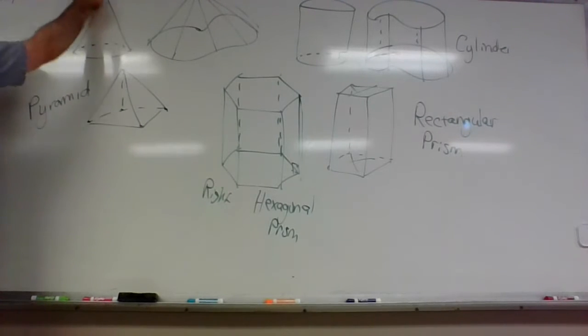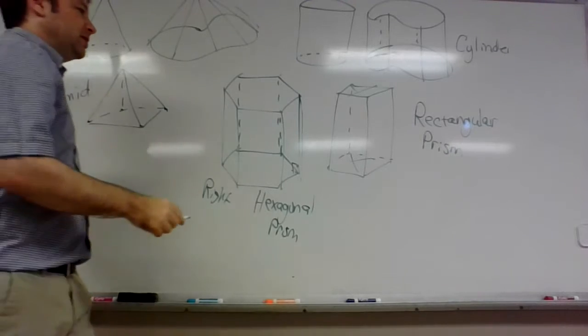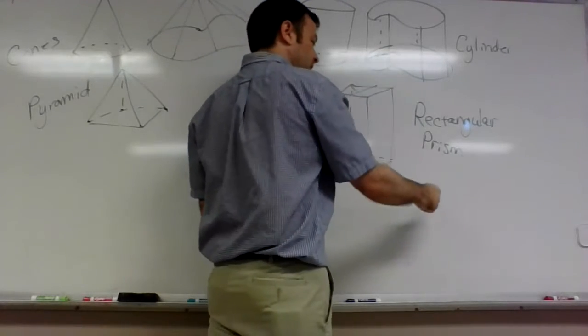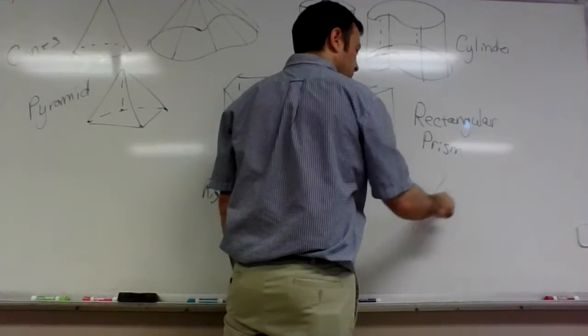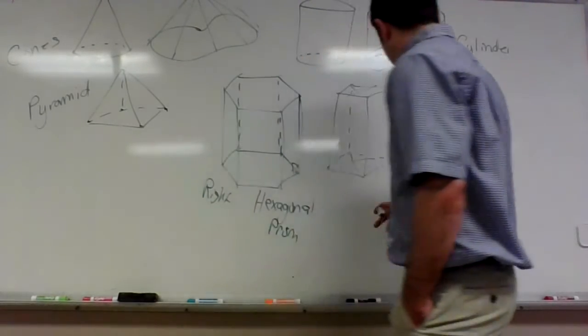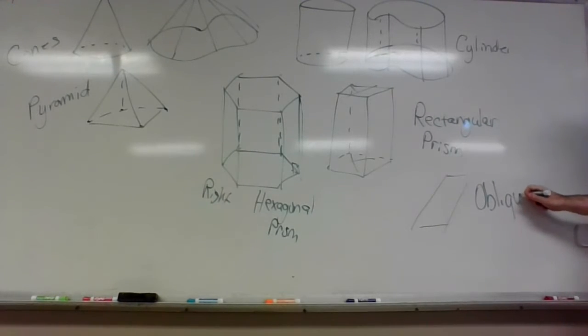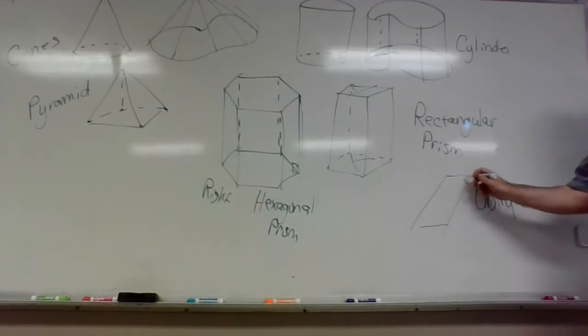They kind of go towards the middle, so these will not be right. But prisms and cylinders can also be leaning, like this. If it's leaning over, it's still a prism, but they call it oblique. I think this is how you spell it. Just means like it's a leaning tower.